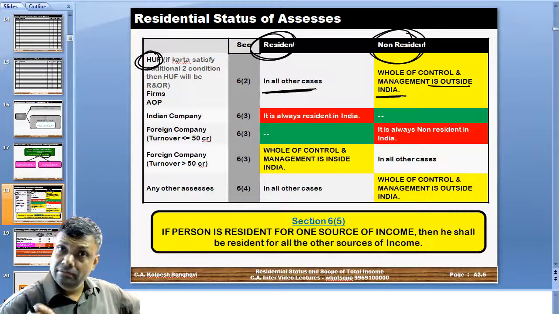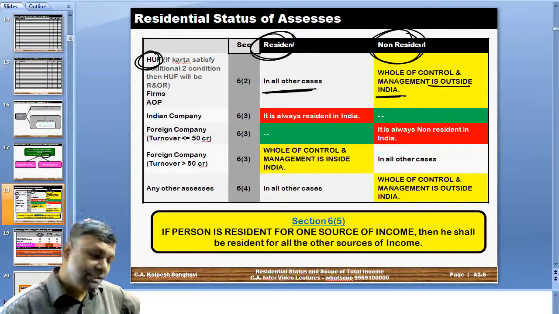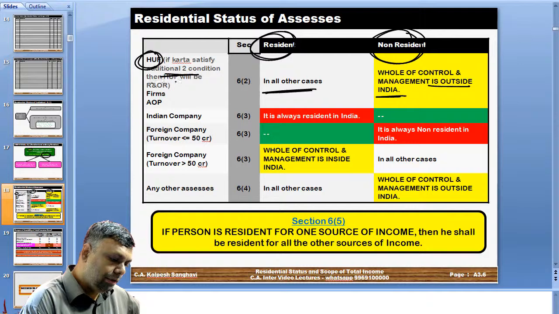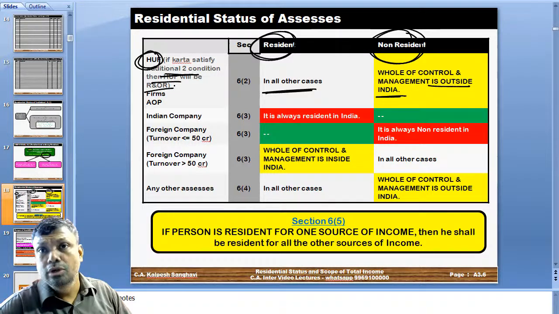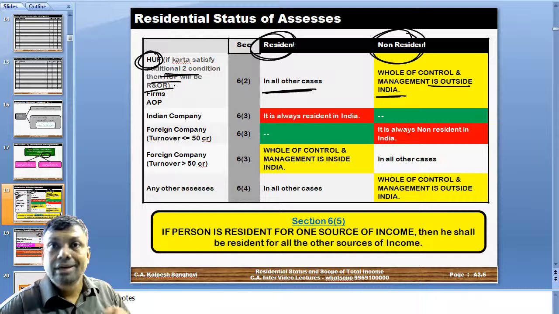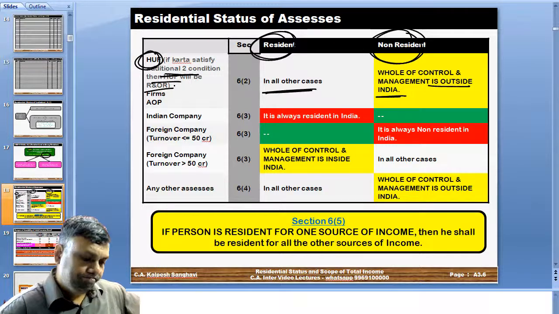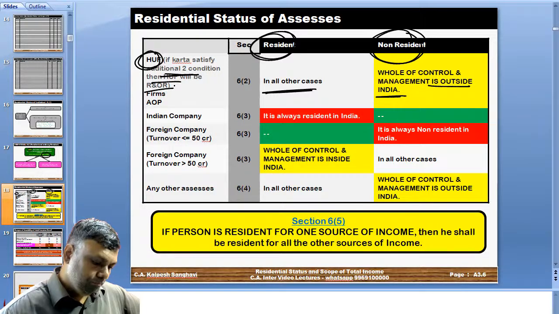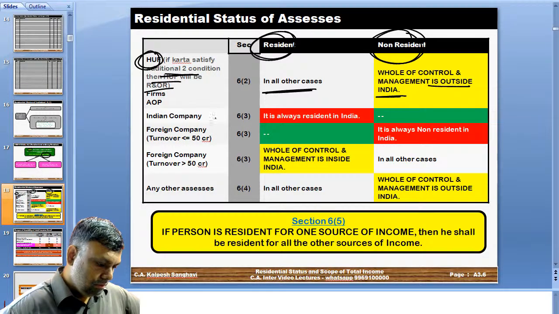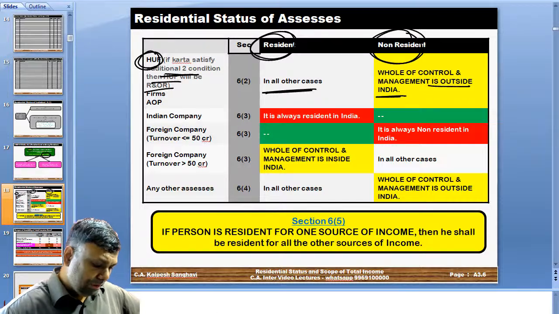Okay. And in case of HUF, if the karta satisfies the additional 2 conditions, that I have already noted here. So these are additional 2 conditions, friends, applicable only to 2 categories of situation. I repeat, that is individual and the HUF. That's okay. So that's all for the HUF for the time being.